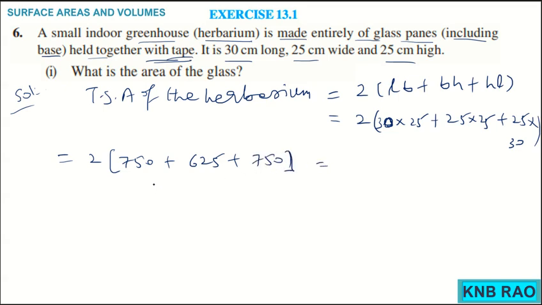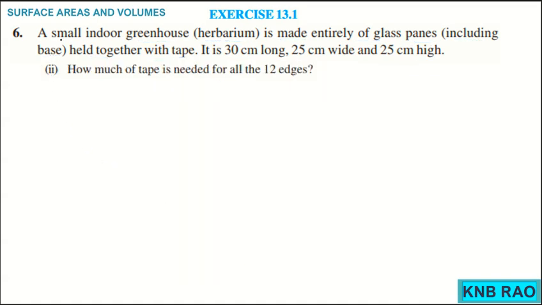So, it is nothing but 750 plus 750, 1500, 1500 plus 625 is 2125. So, 2125 into 2 is 4250 centimeter square, which is the total surface area. Now, we got the total surface area of glass used.